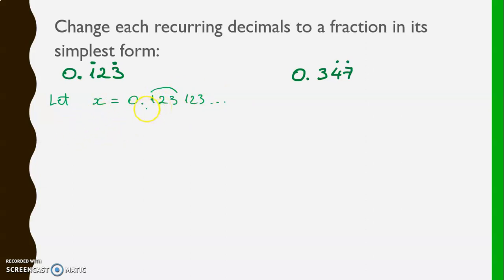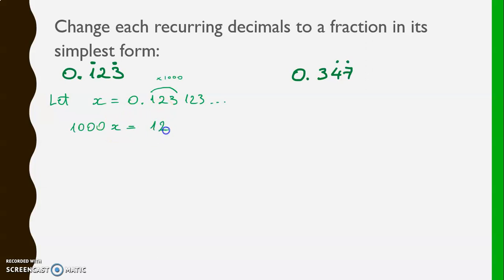Now what should we do? If we multiply by 10, it's going to be 1 point, no, that's not what we need. We need to bring this group of digits ahead of the decimal point. So we will have to multiply by 1000. That's what will help us achieve what we want.